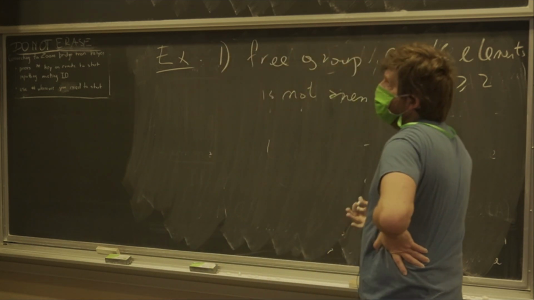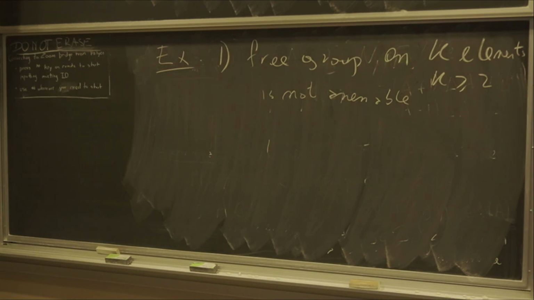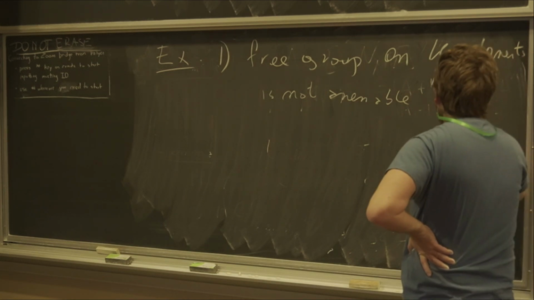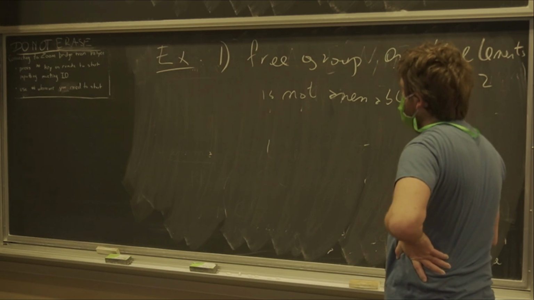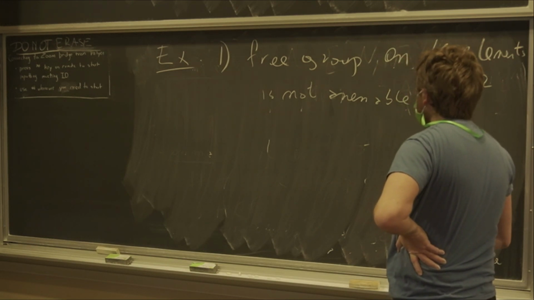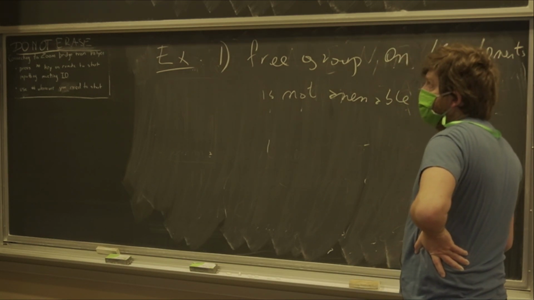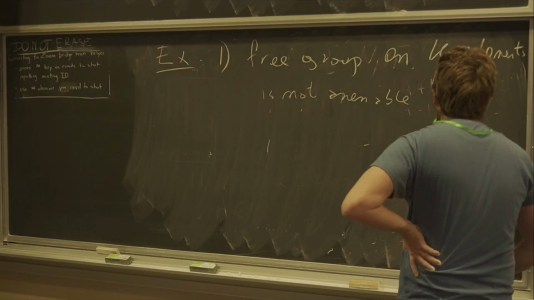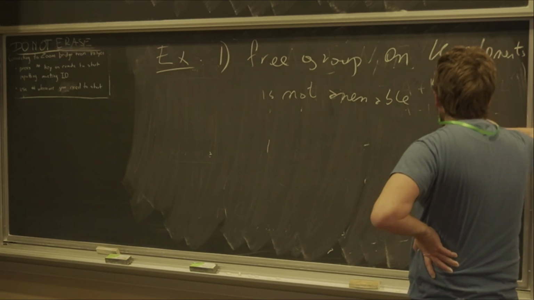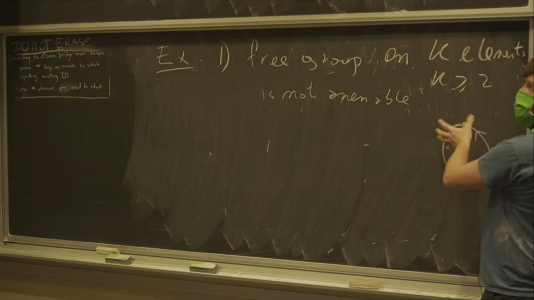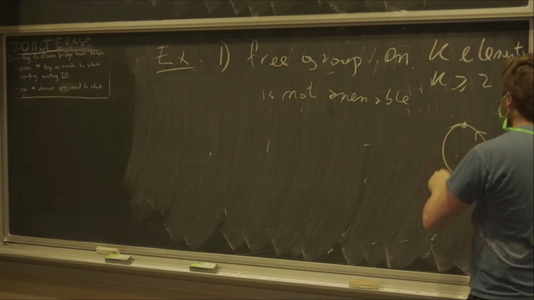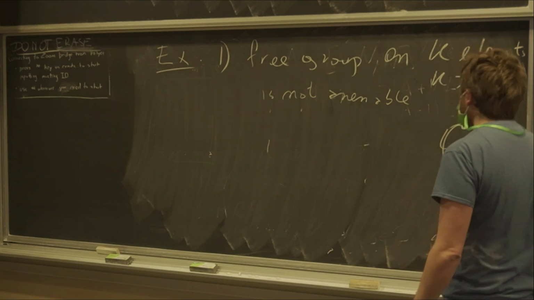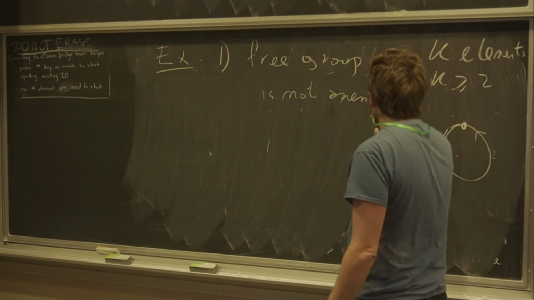This is rather easy to show. You just need to make an action of the free group on a compact metric space which will have no invariant measure. And the simplest way is just to take the circle, and take a homeo of the circle which has only one fixed point. Okay, the one as we saw, where all points go all around, it has only this one fixed point. That's F.